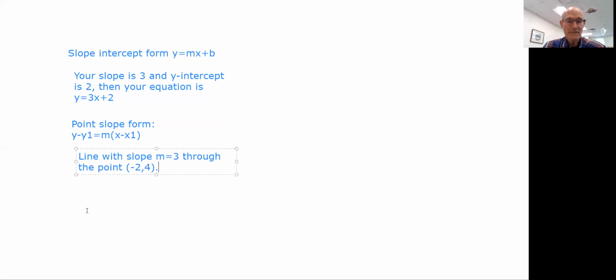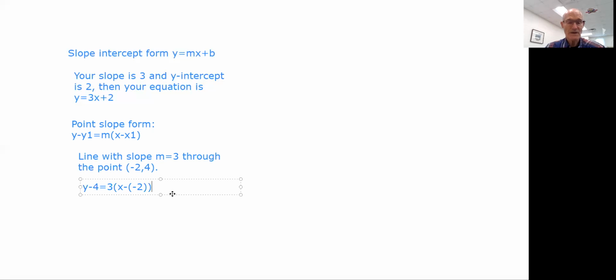So you would put in your point slope because you have a slope and a point. You'd start with y minus the y1, and the y1 here is 4, equals your slope 3, times x minus, in this case, minus 2. So the minus minus is going to make it a plus.